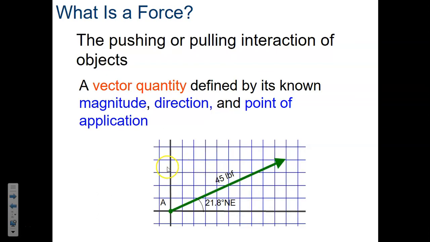A vector quantity is known by its magnitude, its direction, and point of application. Here, the magnitude is 45 pounds of force. The direction is given by 21.8 degrees north of east. And the point of application in this case is the origin of the graph.